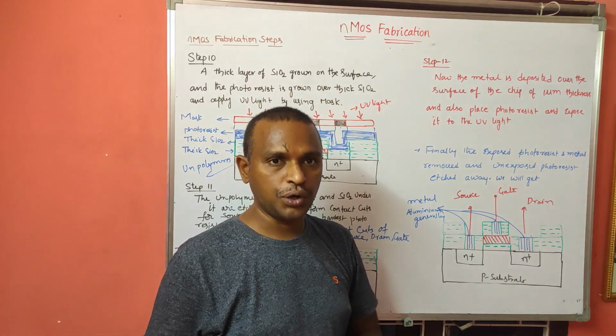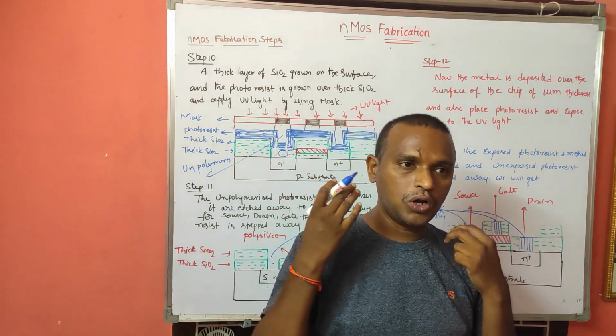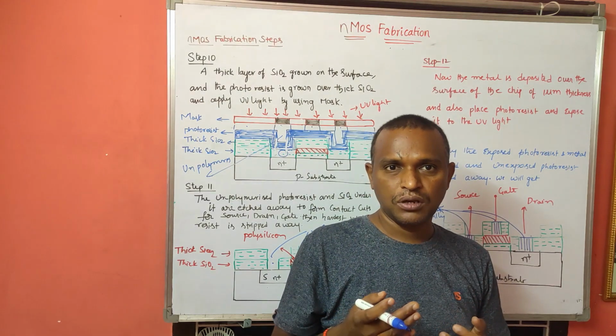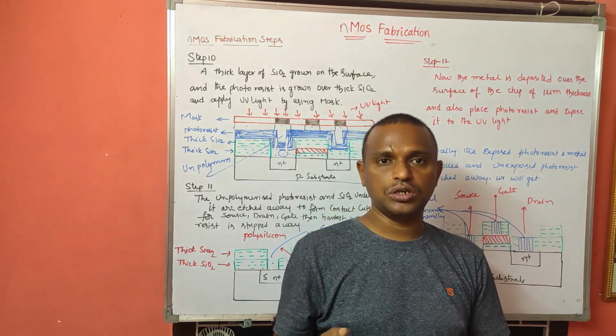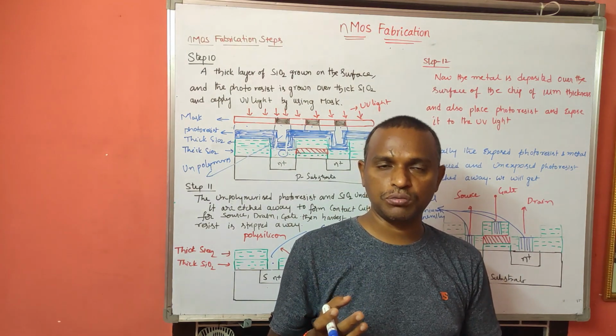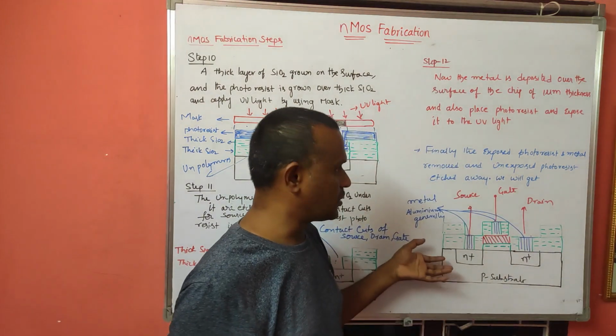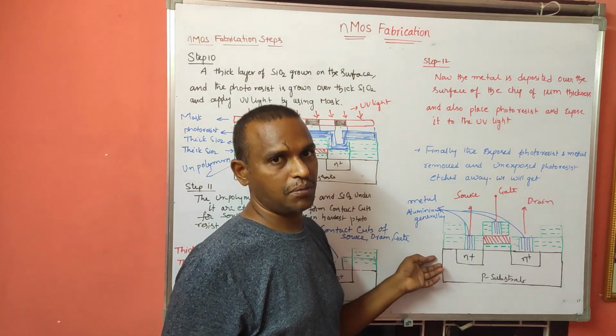And finally if you remove the unpolymerized, or unexposed, photoresist, you will get the structure of the nMOS transistor in the fabrication.